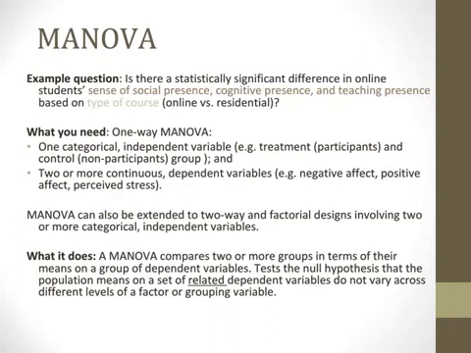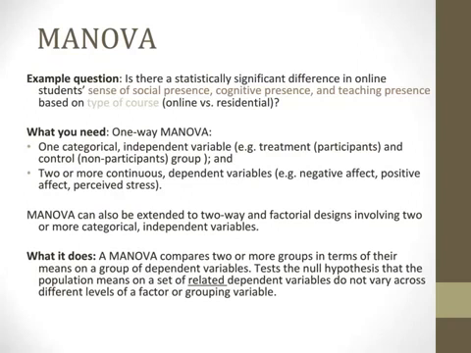This is because a MANOVA actually looks at the linear combination of the dependent variables together before each is considered separately. So again, a MANOVA helps you compare two or more groups in terms of their means on several correlated dependent variables.